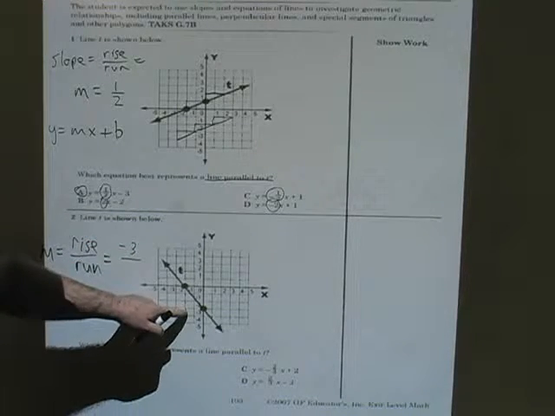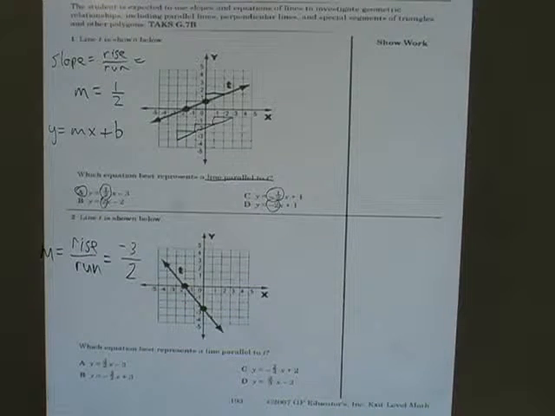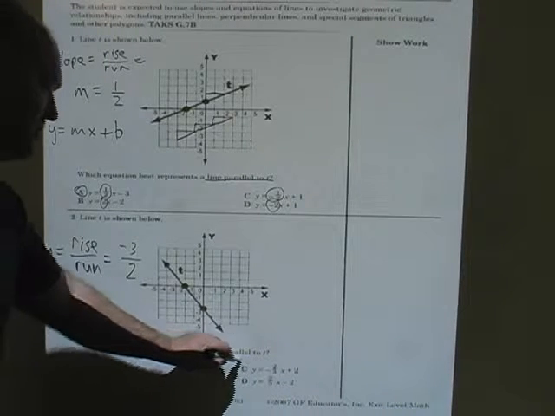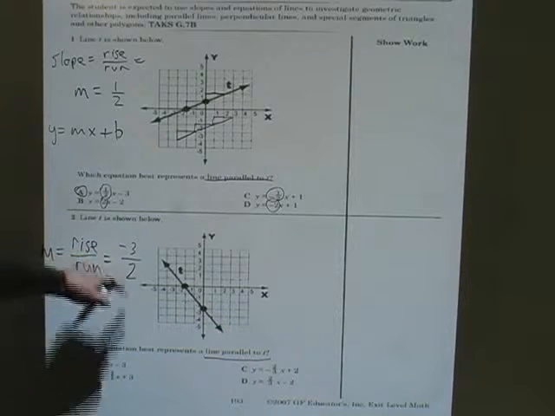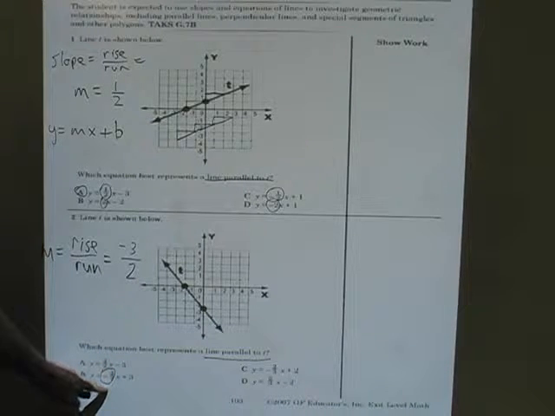And the run is 1, 2. So it has a slope of -3/2. So a line that's parallel to that line is also going to have a slope of -3/2. And here it is. There's your line that has a slope of -3/2.